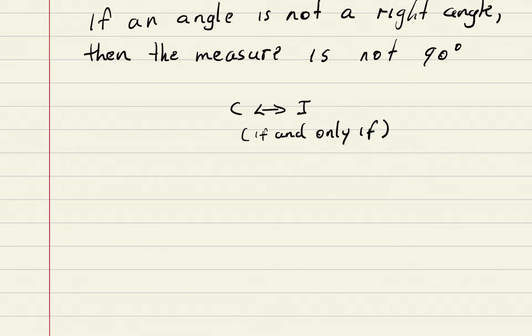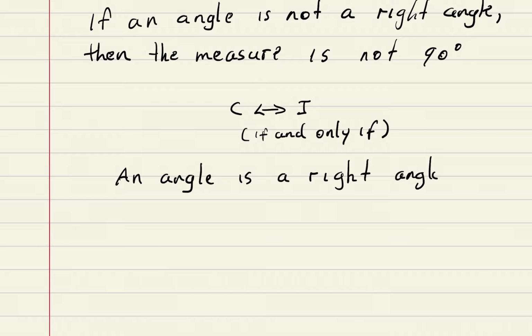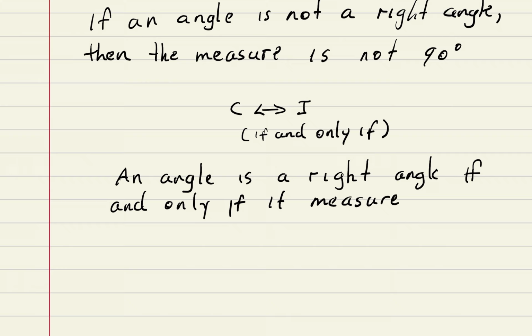So we could say, an angle is a right angle if and only if its measure is 90 degrees.